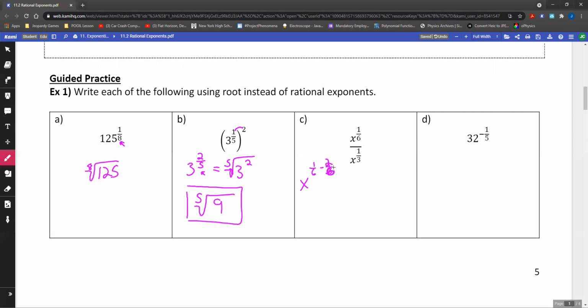So 1 over 6 minus 2 over 6 can be rewritten as x to the negative 1/6. So the negative just means that it goes in the denominator. So this becomes 1 over x to the 1/6. And this fraction means that there's going to be a 6th root of x.